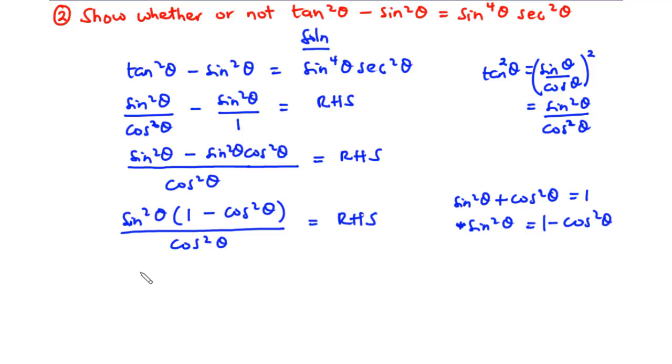So this becomes sin squared theta times sin squared theta all divided by cos squared theta.